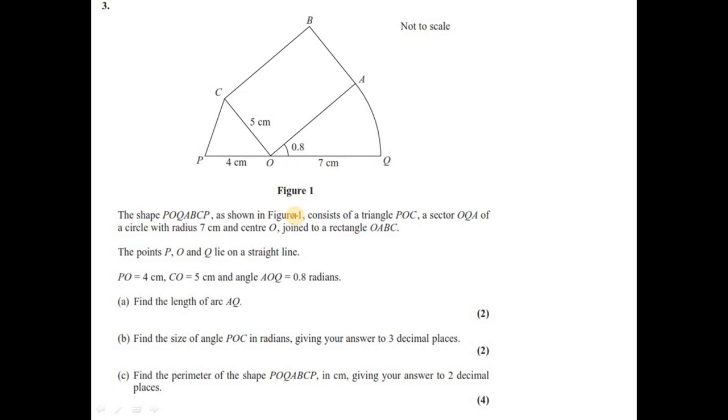The points POQ lie on a straight line. PO is 4 and CO is 5, and angle is 0.8 radians. Find the length of arc AQ.